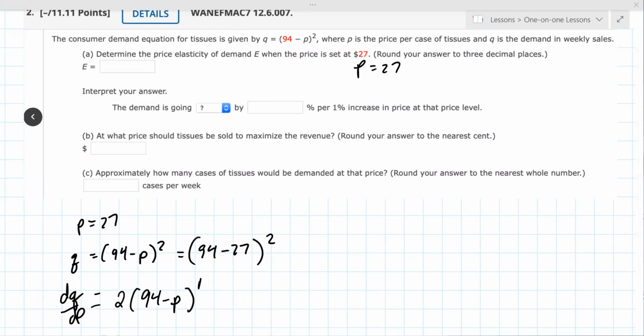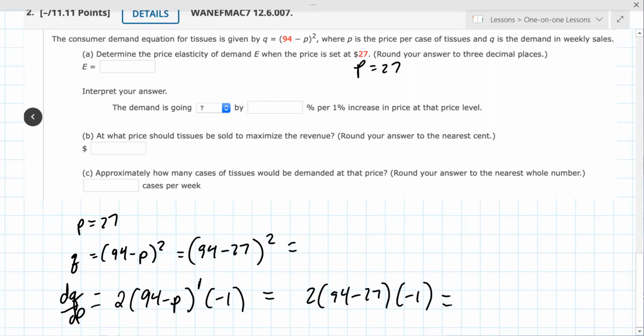The derivative of the inside function is just the derivative of minus P, which is negative 1. And then you're putting the value of P in here to get dQ/dP. So it's 2 times 94 minus 27 times negative 1.